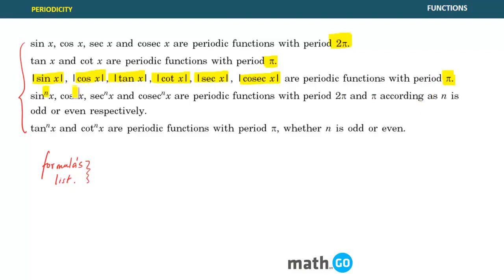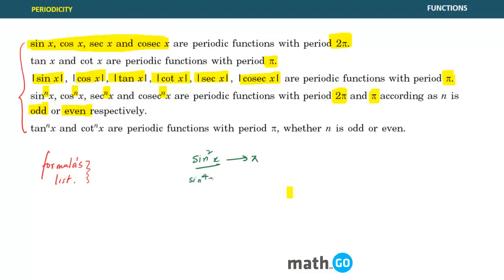Now, when there is a power n raised to the trigonometric functions, and we are talking about these four functions, sin, cos, sec and cosec are periodic with period 2π if n is odd. If n is even, then the period reduces by half and it becomes π. So if somebody asks you the period of sin²x, the answer is straight away π.